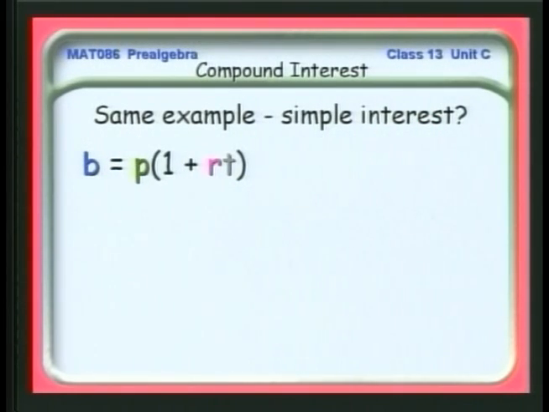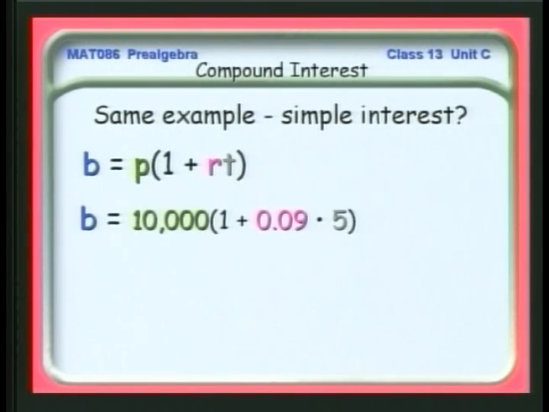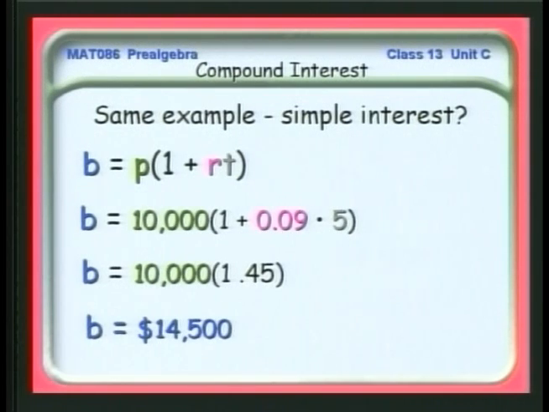Suppose I take the same example with simple interest. There's the $10,000 principal, 9% interest for 5 years. If I do that, I find I have 1.45, which gives me $14,500 as simple interest.